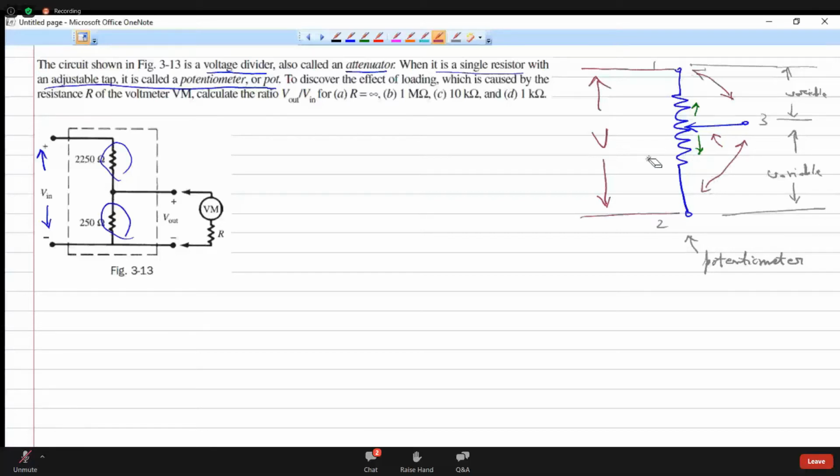Now coming to our problem. Here Vm is a voltmeter. What is a voltmeter? It measures the voltage across two terminals. A device used to measure voltage is called a voltmeter. What is the internal impedance of an ideal voltmeter?